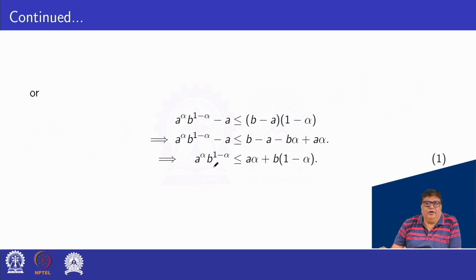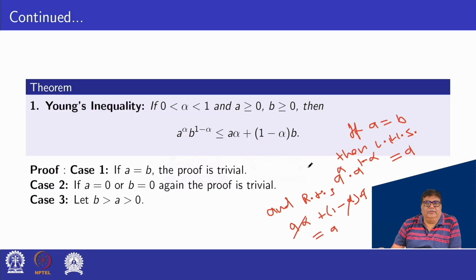So a to the power alpha b to the power 1 minus alpha minus a, the a is cancelled out. We have a alpha, this one, and b alpha, and here b. So taking b common, 1 minus alpha, that is, a to the power alpha b to the power 1 minus alpha is less than or equal to a alpha plus b into 1 minus alpha. This proves Young's inequality.